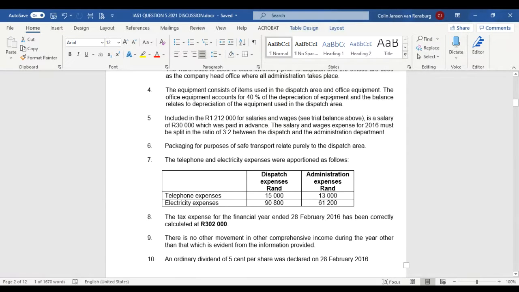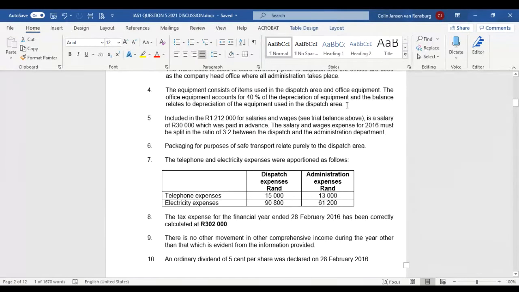We're going to look at our total depreciation on equipment, and then clearly we'll have to say 40% of the depreciation of that equipment relates to office equipment, right? In other words, we'll have to allocate that to the administrative function. And then the remainder, the other 60%, relates to depreciation of equipment used in the dispatch area.